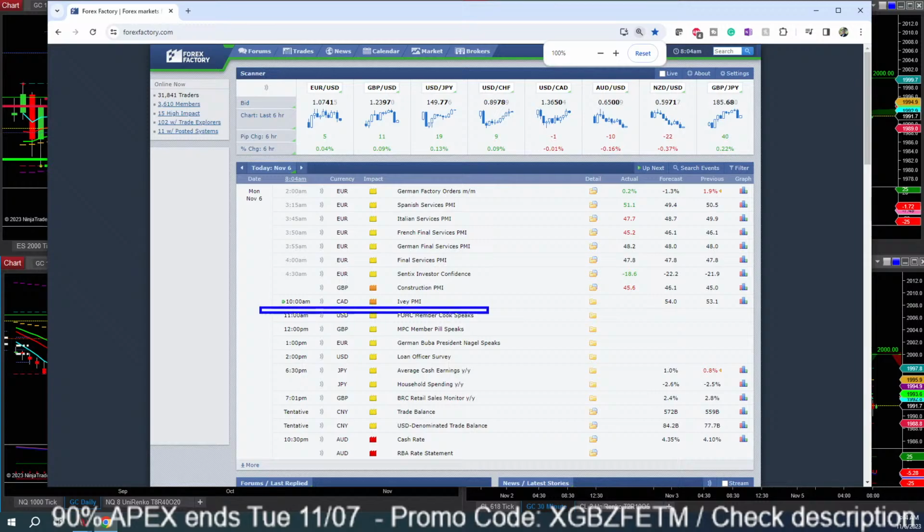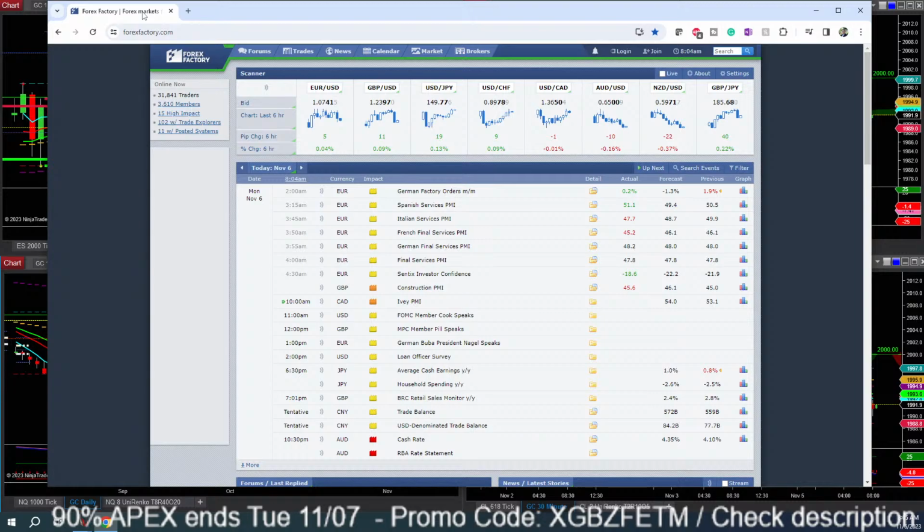Let's say that there's a member Cook speaks at 11, and then at 2 p.m. loan officer survey, but really nothing. No economic news today. So it could be a quiet day, typical of Monday, actually.